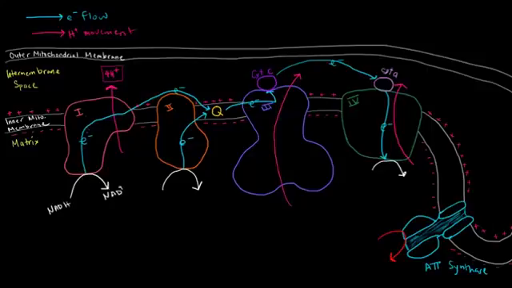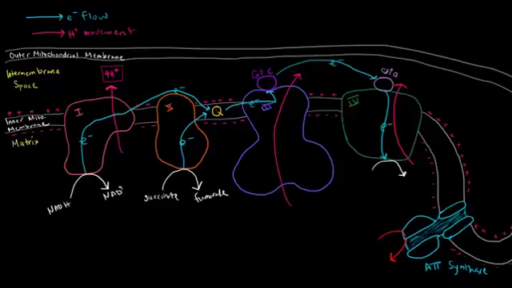In addition, these electrons flow from complex 1, actually not to complex 2, but over to this Q here, which is coenzyme Q. At complex number 2, we turn succinate into fumarate on the matrix side of the inner membrane, and the electrons flow to coenzyme Q. But notice that I have not drawn a pink line here going into the intermembrane space because this complex does not pump protons.